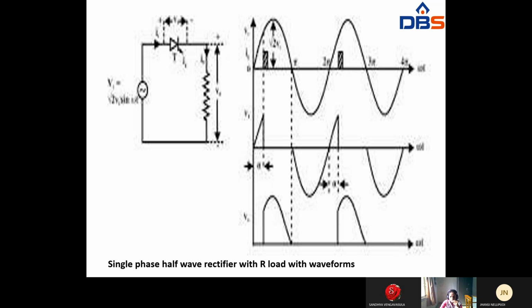It stays 0 on the negative side, and after triggering it increases again. So by using the sine wave we are discussing the single phase half wave rectifier waveforms with R load.